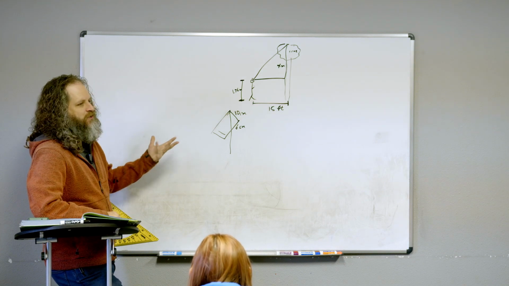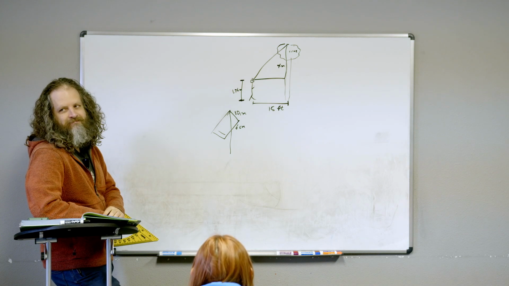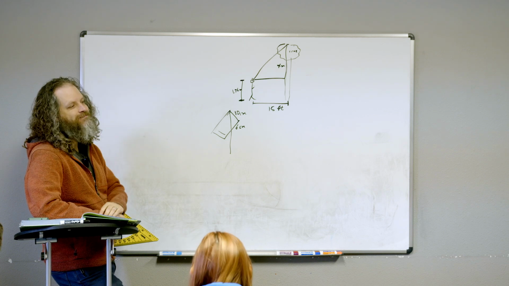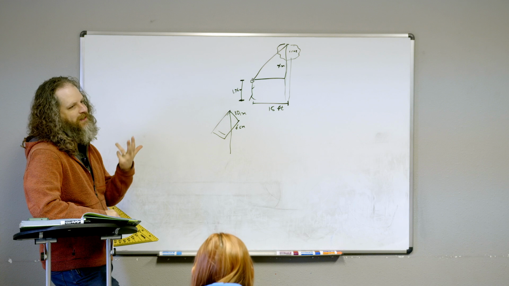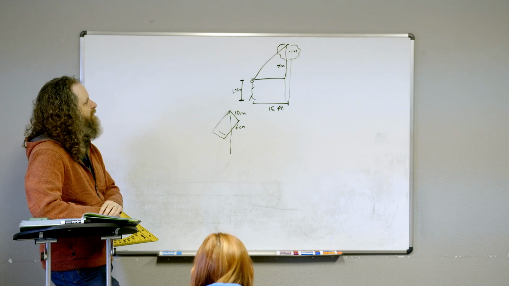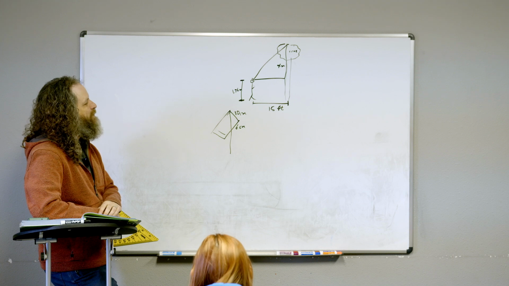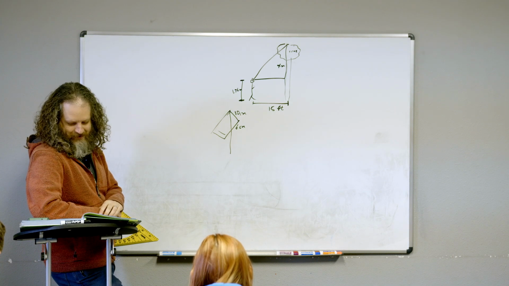What has got to be true in this problem that they don't really explain to us? What's the name of this lesson? Similar triangles. So there's almost certainly what in this problem? A second triangle. There's some similar triangles happening, right? Almost certainly. So where are they?